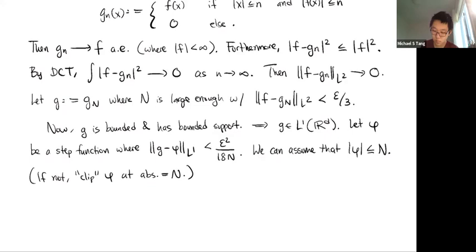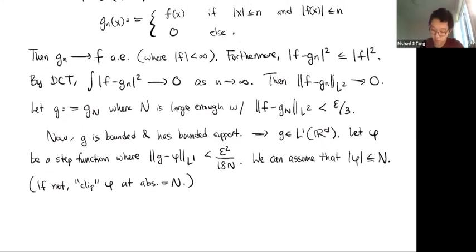So what do we know? We know that G and phi are both bounded by N, and we know that they're close in L1 norm.